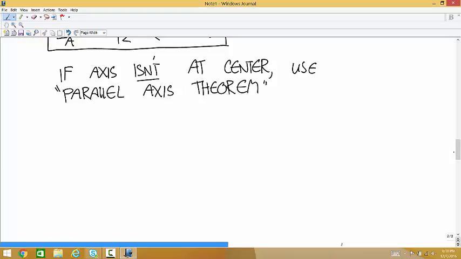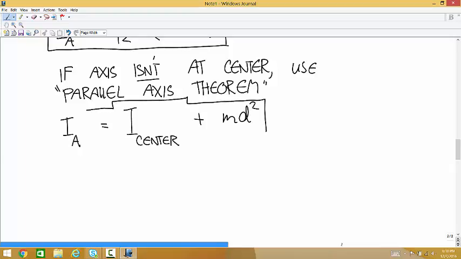And the parallel axis theorem says the mass moment of inertia about A is equal to the mass moment of inertia about the center plus the mass of the object times d squared. And that d is the distance from the center to the axis.